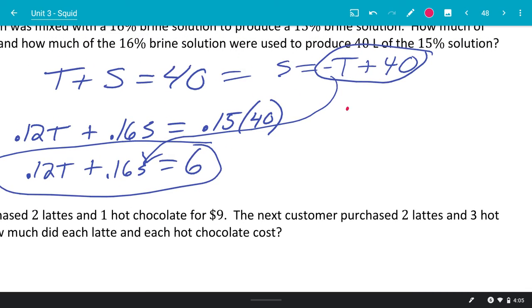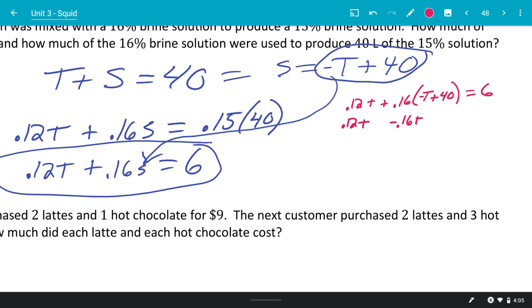So I got 0.12 T plus 0.16 times negative T plus 40 equals 6. Again, still using my handy dandy calculator. So I got 0.12 T plus negative 0.16 T. I'm going to get rid of that plus there.